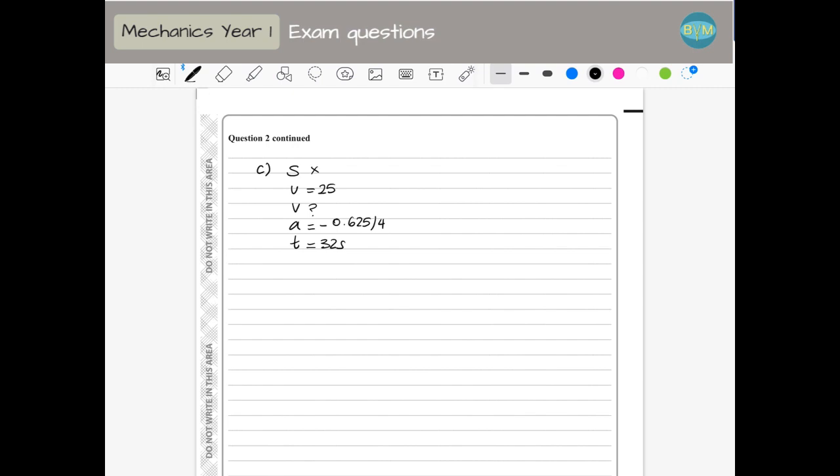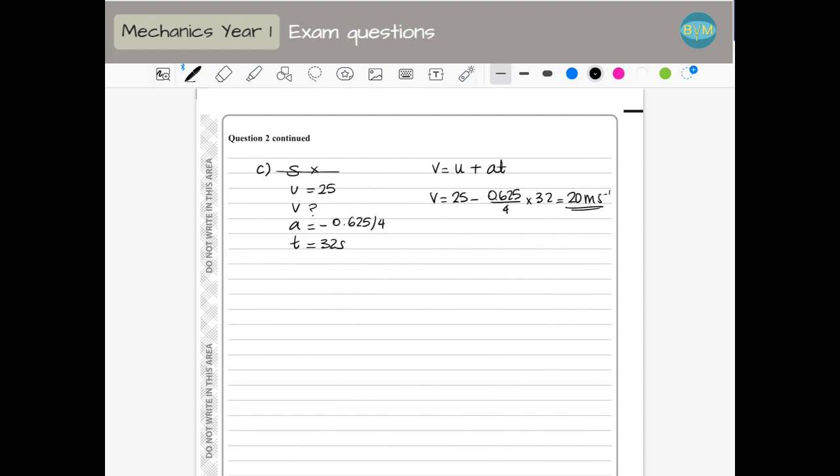With this and the SUVAT equation without s, v equals u plus at. So my velocity is going to be 25 minus 0.625 divided by 4, and then times 32. And this is 20 meters per second.